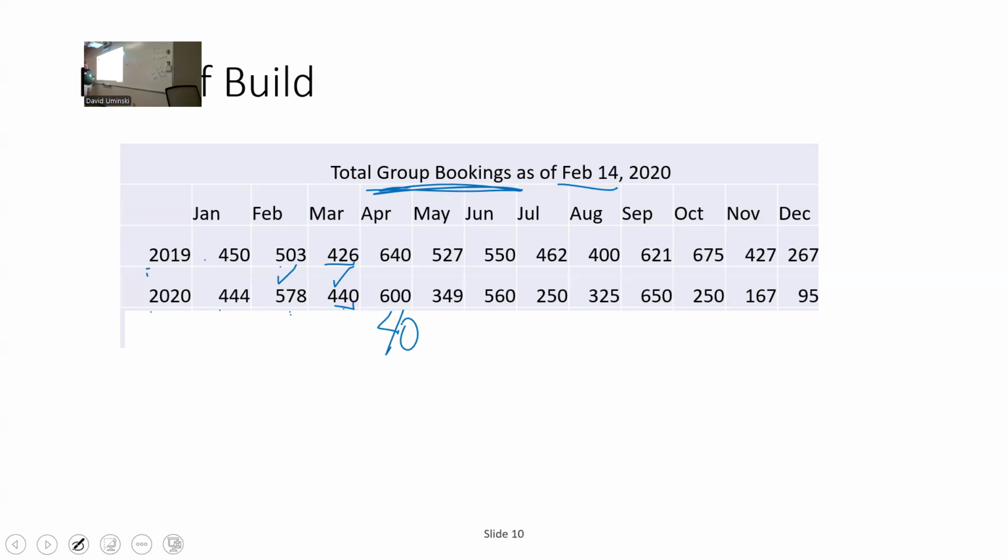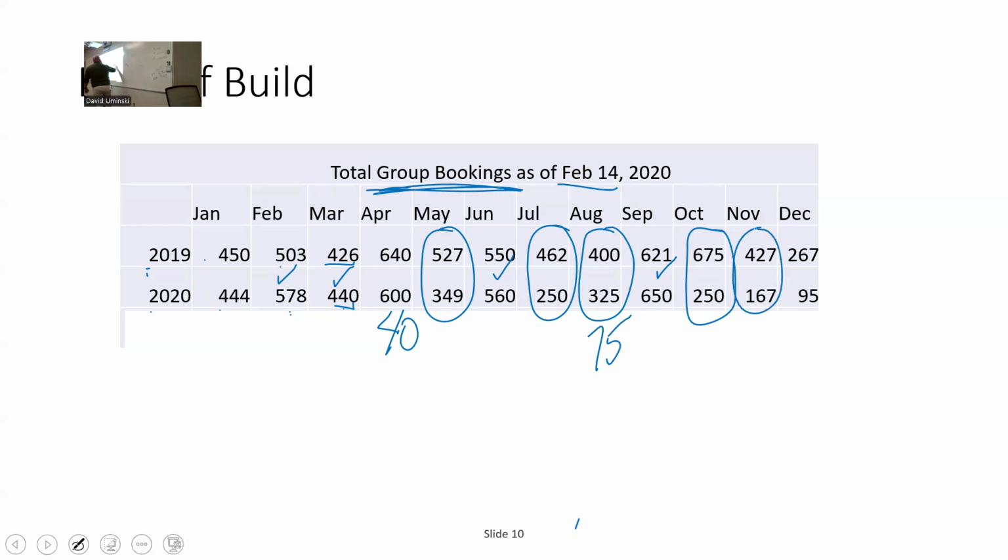June, I'm good by 10 rooms. July, so I'm going to circle the months that were significantly under. That one's good. October, we're significantly under. We're under by 75 rooms, so we'll put that there. November and then December. So I am analyzing this pace. We can identify which month we should focus our sales efforts on.